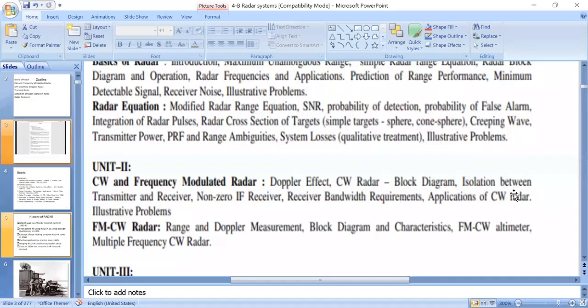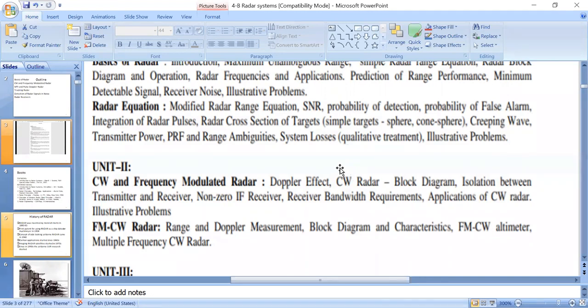We also covered several applications of a continuous wave radar and the problems, which are mostly based on the Doppler effect concept. All these topics I already discussed, and you learned them.